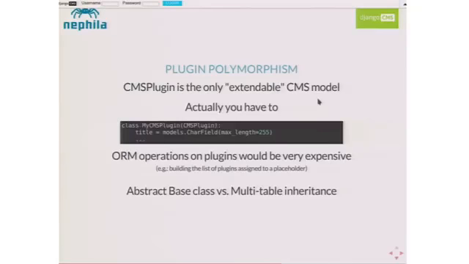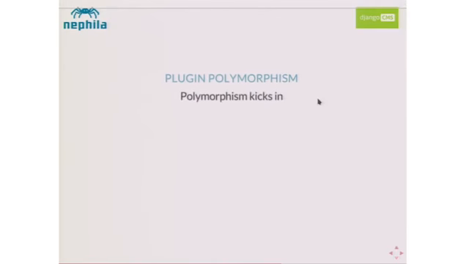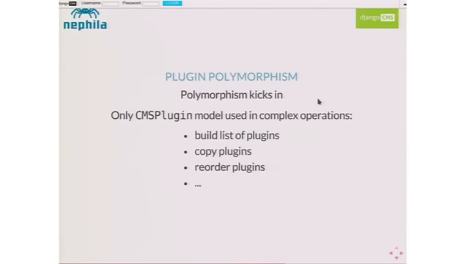So how Django CMS solved this problem, because even if most of these issues are related to the editing phase, the listing of plugins is done when you render a plugin. And so we implemented a polymorphism. So only the base class, which is a concrete class, is used, and CMS plugin is used during the most complex operations, like building lists of plugins, copying plugins, reordering plugins.